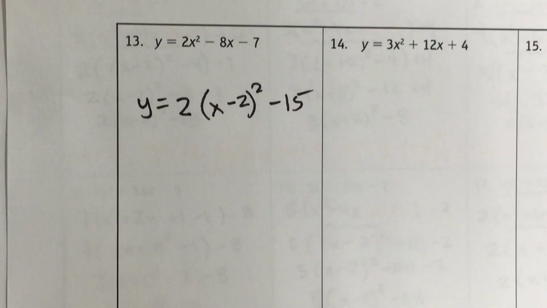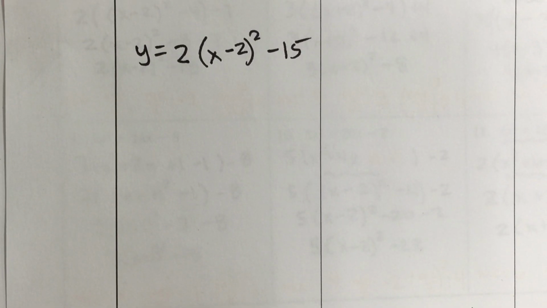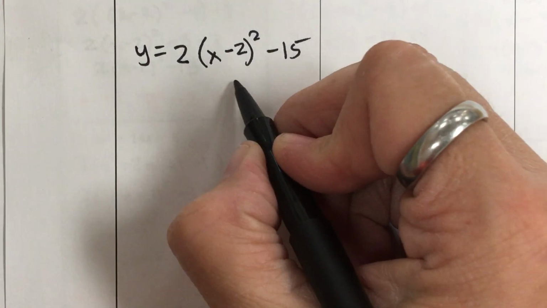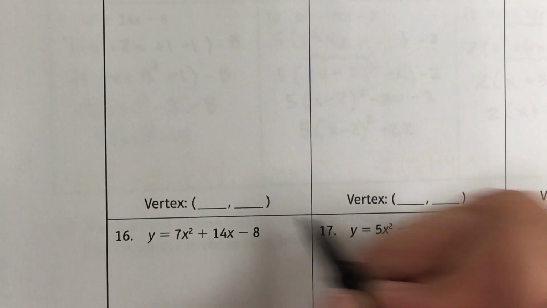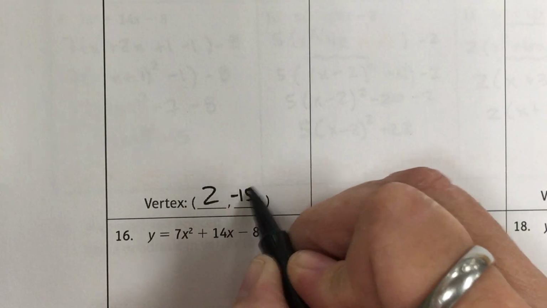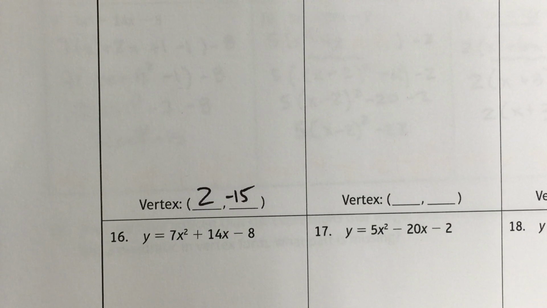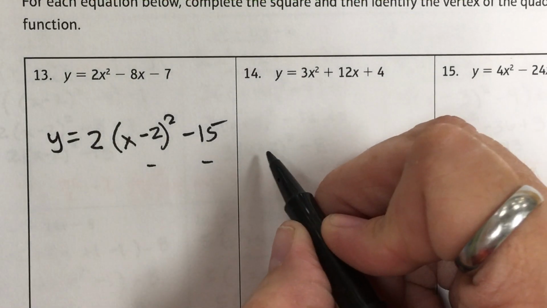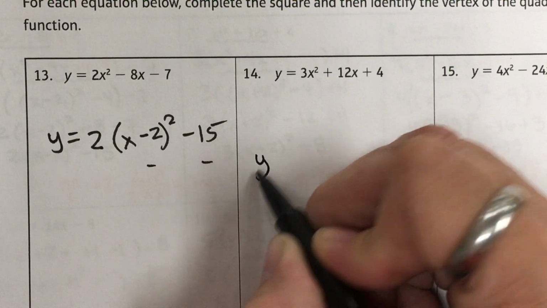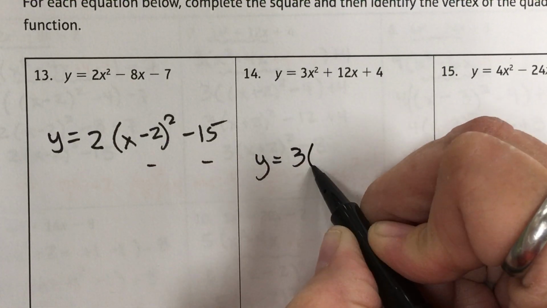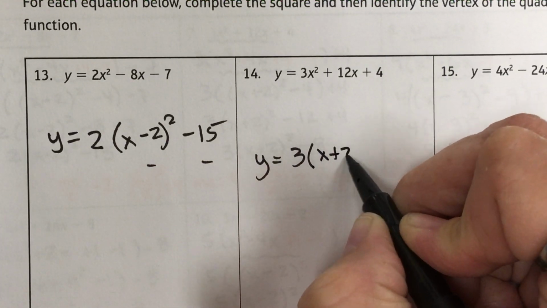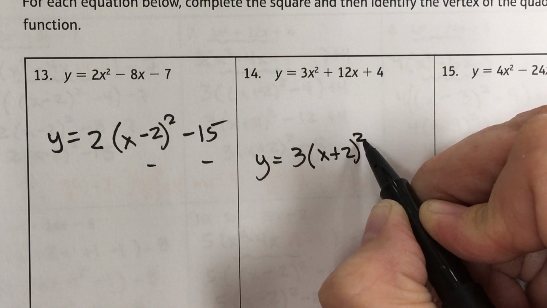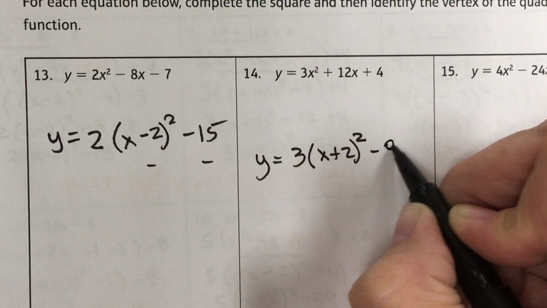So for this one, what is my vertex point? Well, this is my x value, my y value. So I get 2, -15. Then this one, we look back at number 7 and we get y equals 3 parentheses x plus 2 all squared minus 8.